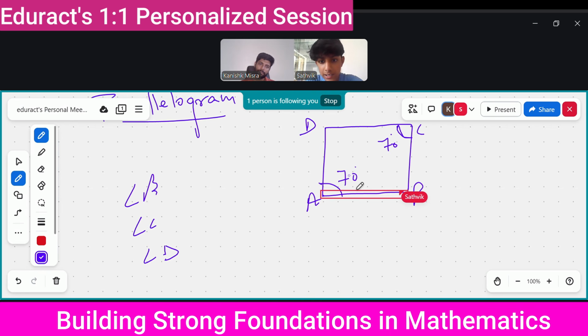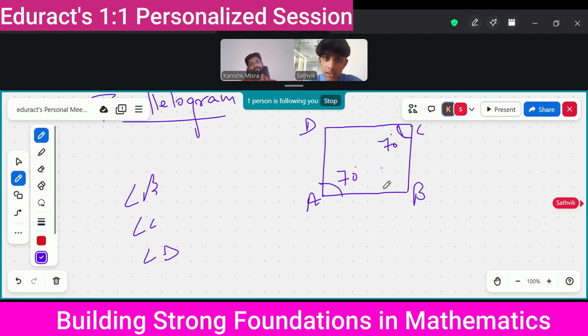Angle B will be 110 degrees, and angle D also will be 110 degrees. Perfect. I hope it is okay.